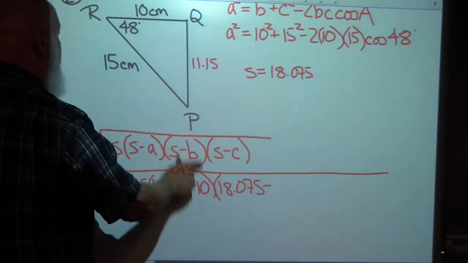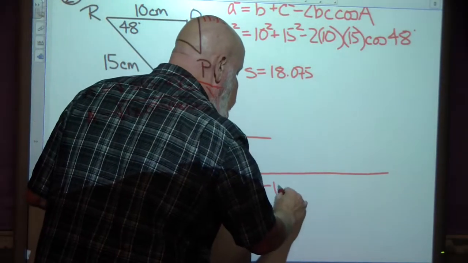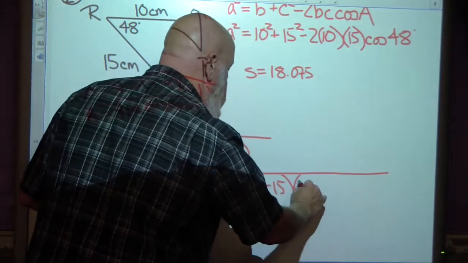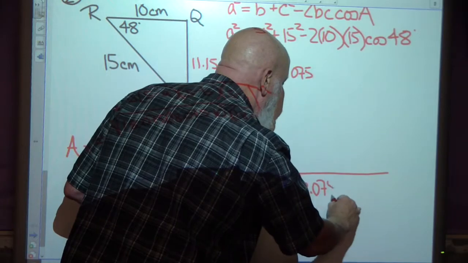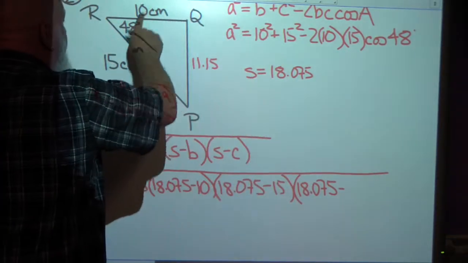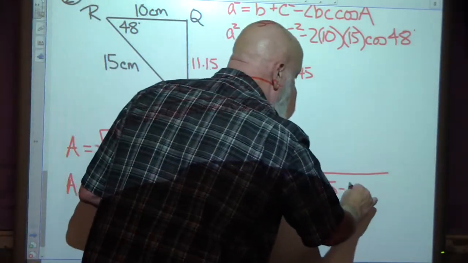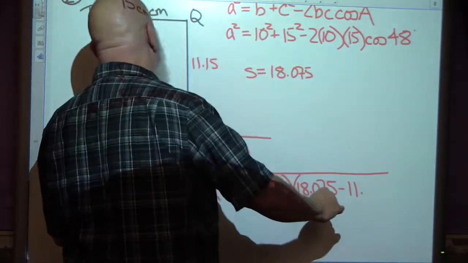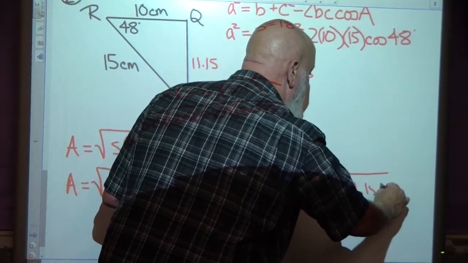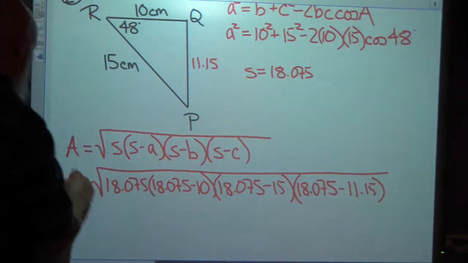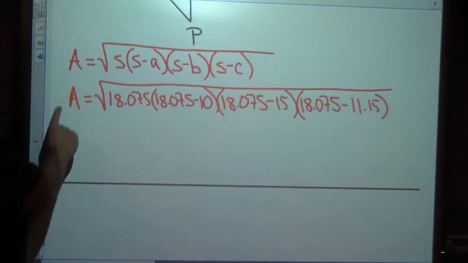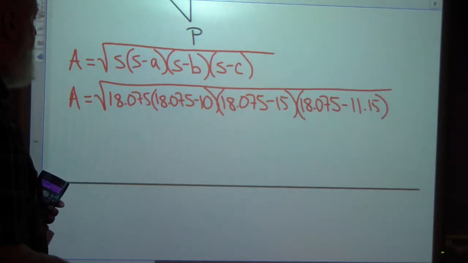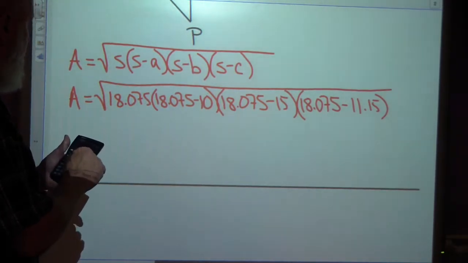I already put in the 10, so I'll put in the 15 next. And I've got these two in already, so now I'll put this one. Okay. Now I just have to try to get that into my calculator without messing it up. So here we go. I'm going to give it a try.